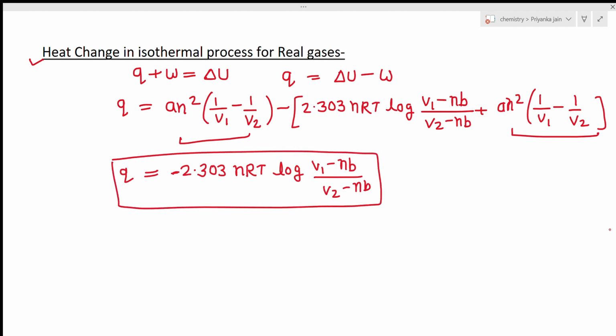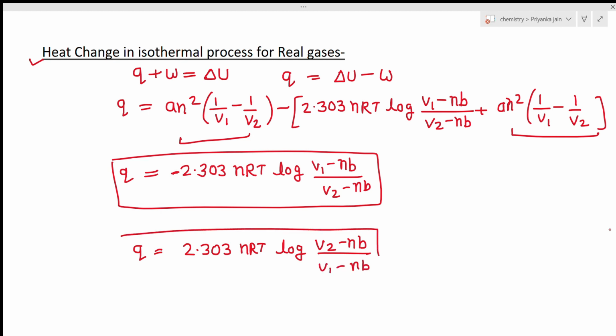If you want to remove the negative sign, you can change the terms inside the logarithm and write log[(V2 − nb)/(V1 − nb)]. In this way you invert it so that you get all positive terms. So this is the formula for the heat change.